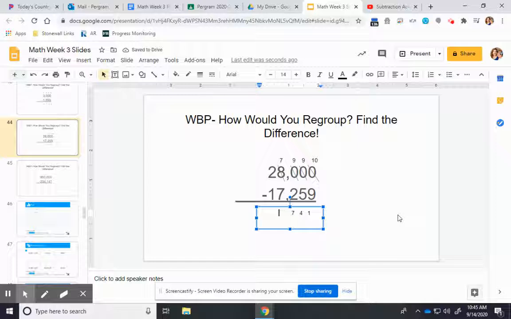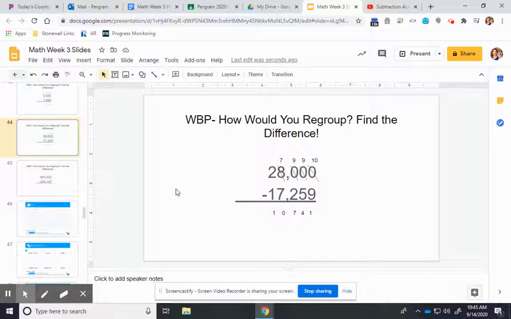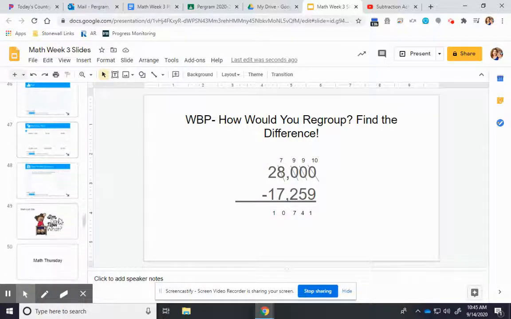We have 7 minus 7, which is 0. And then last but not least, we have 2 minus 1, which is 1. So you should have gotten 10,741. So that is subtracting across zeros.